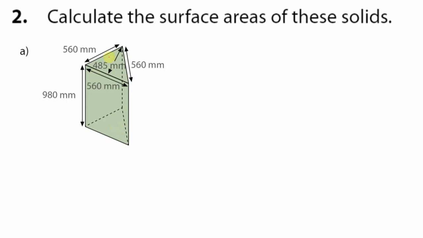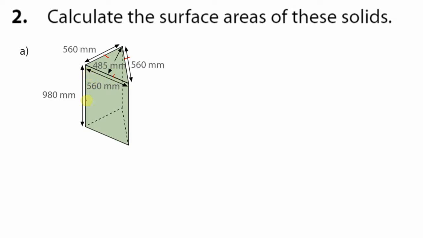And then we will have the rectangles areas that we also have to calculate. There are 1, 2, 3 rectangles. So in this case it's a regular prism, as all these sides are the same length, 560 millimeter.